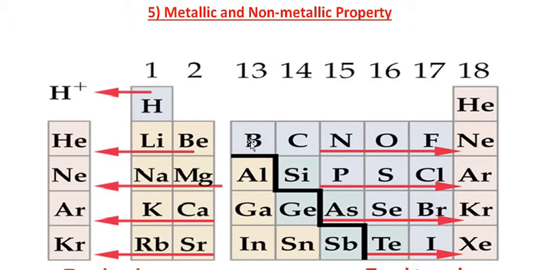Metalloids contain boron, silicon, germanium, antimony. These elements are in blue here. These are metalloids. These are non-metals.